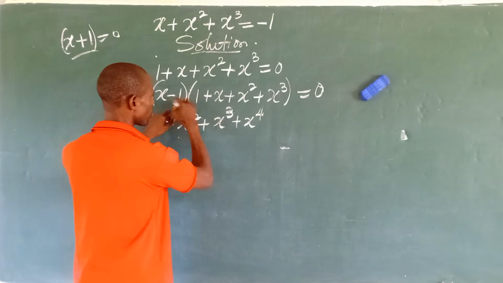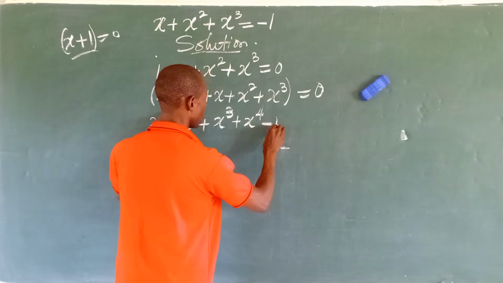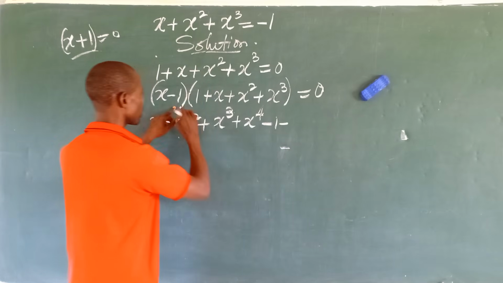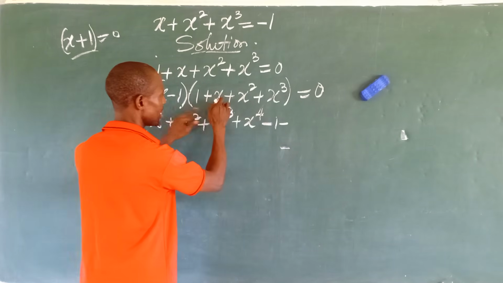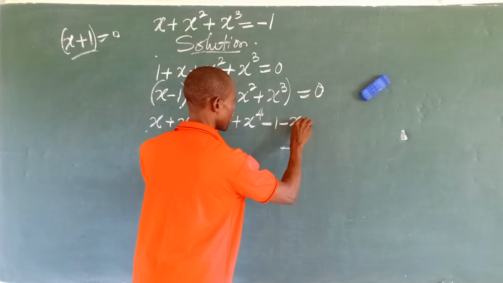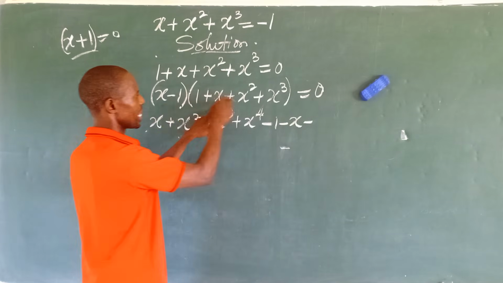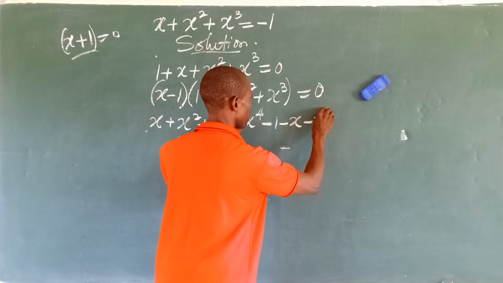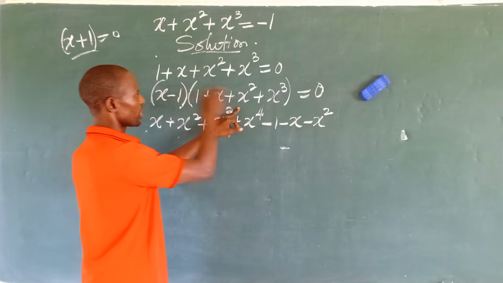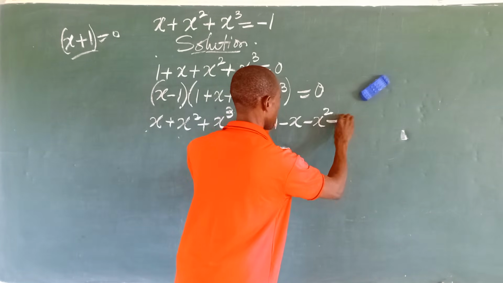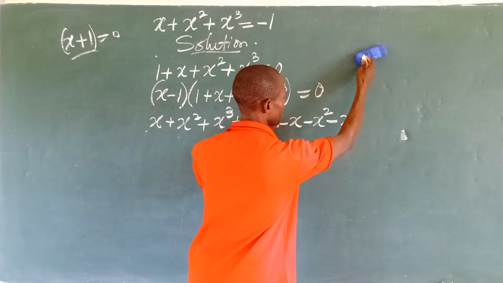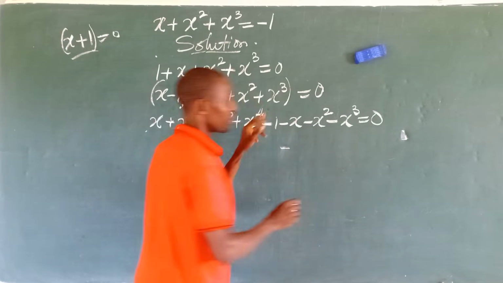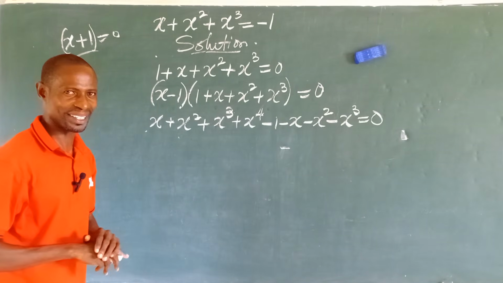So minus 1 times 1 will give us minus 1, then minus 1 times x will give us minus x, then minus 1 times x to the power of 2 will give us minus x to the power of 2, minus 1 times x to the power of 3 will give us minus x to the power of 3, equal to 0. Do you see something here?